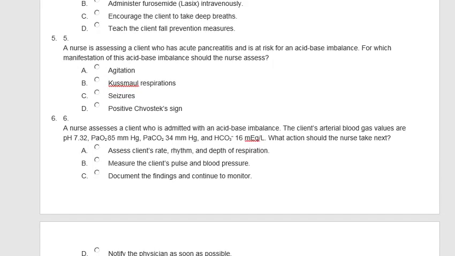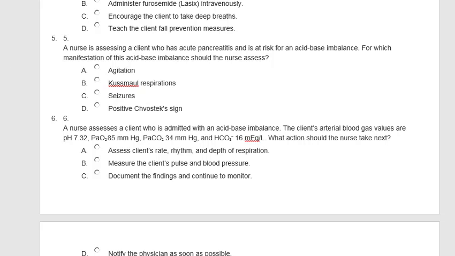The nurse is assessing a client who has acute pancreatitis and is at risk for an acid-base imbalance. For which manifestation of this acid-base imbalance should the nurse first assess? Okay. This one might be a little bit tough because you guys haven't really learned that much about pancreatitis.